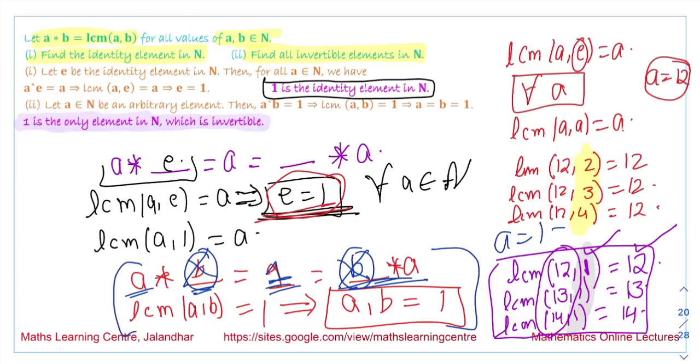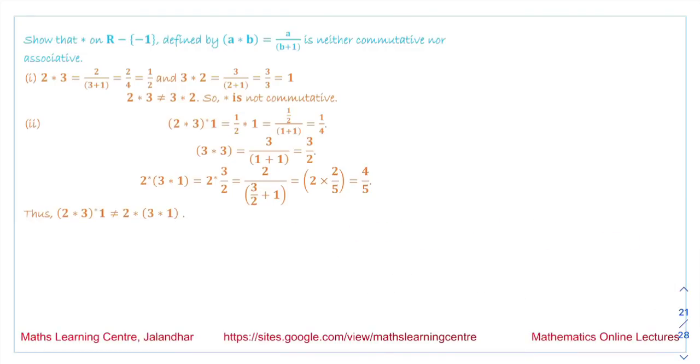The next question we have is: show that the star operation on R minus {-1} defined by A star B equal to A over B plus 1 is neither commutative nor associative. To prove the commutative law, suppose A is equal to 2 and B is equal to 3.